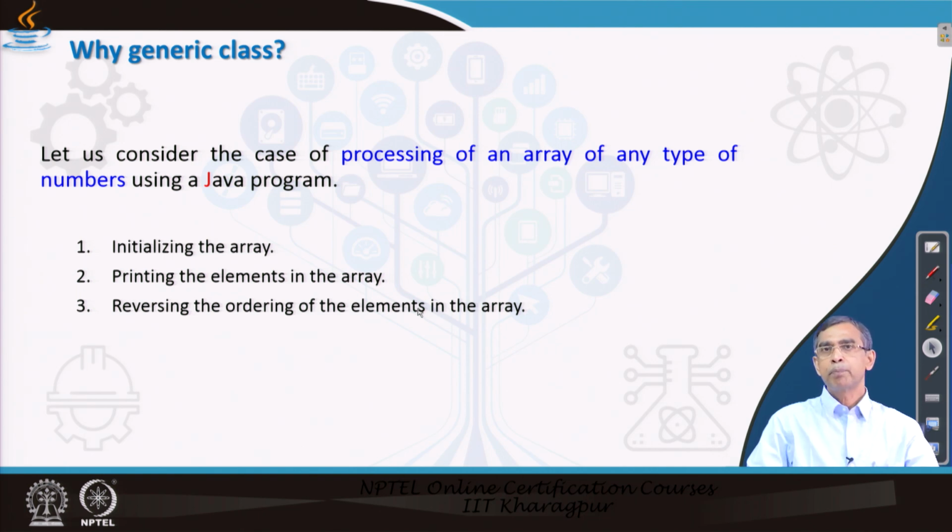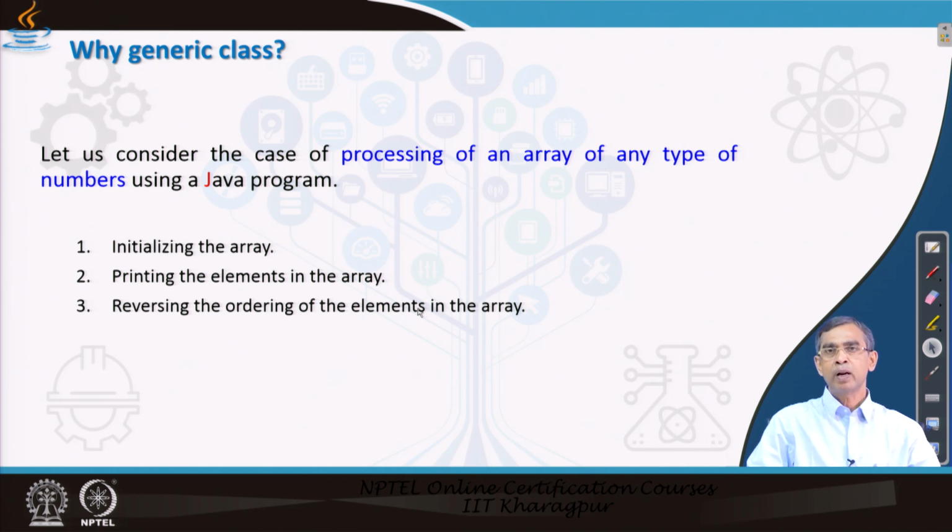Suppose this is one simple program that we are going to learn about. The program basically initializes an array, then prints the elements in the array, and then reverses the ordering of the array. So, these are the three tasks that we want to do, and we are interested in writing a program.